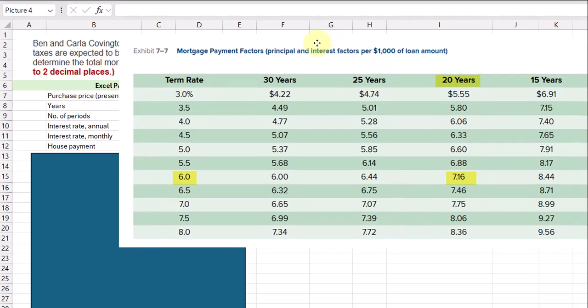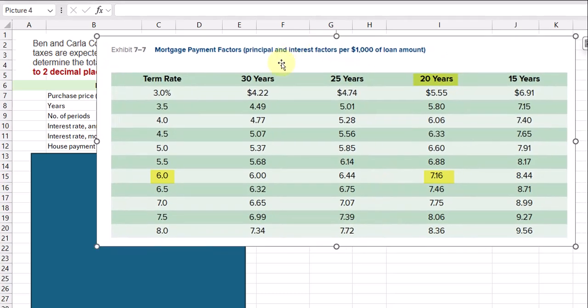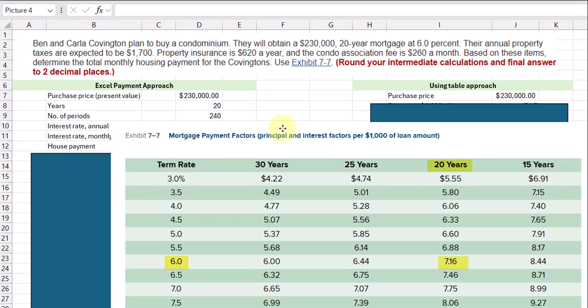Okay, so now that you can see the table, one thing to keep in mind, this exhibit is already in monthly periods. From the textbook, it's already giving us the mortgage payment factors, assuming the periods is actually 20 times 12. It's a monthly amount. But it does say per 1,000 of loan amount. So we have to keep that in mind.